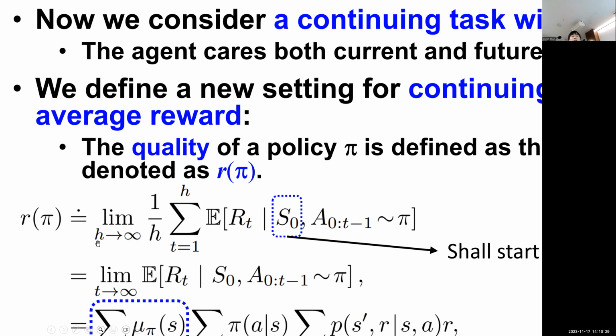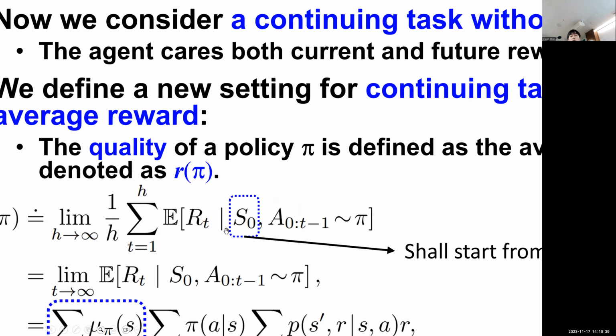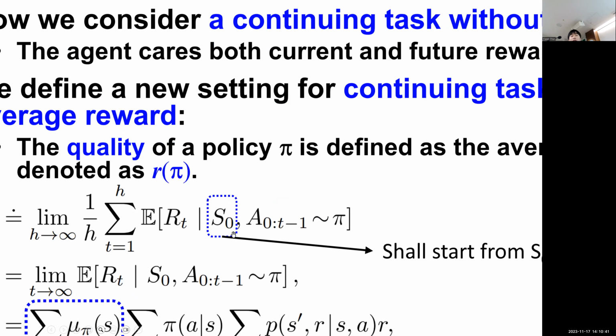If the horizon h reaches infinity, this is the definition of the average reward. The one particular point is that this definition says the average reward should always start from the start state and continue to infinite time steps, and we calculate the average reward.